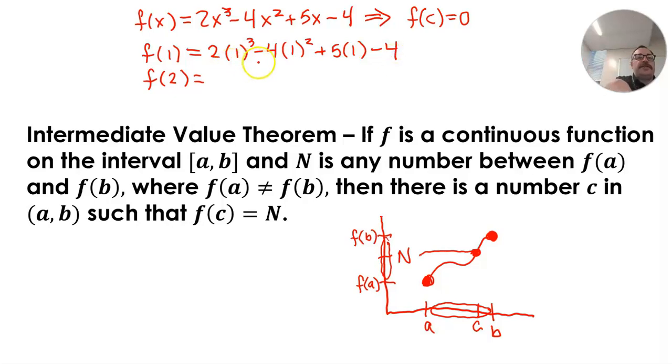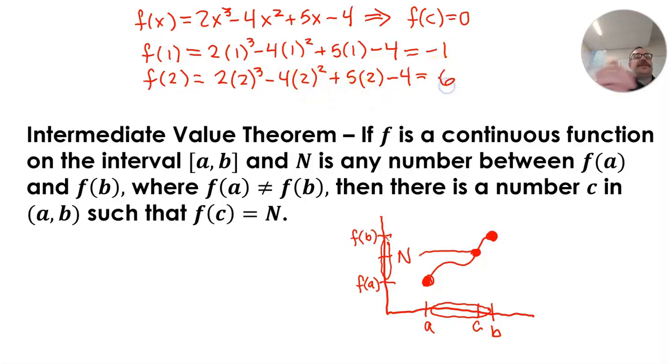So let's see, that would be 2 minus 4 is negative 2, plus 5 is 3, minus 4 is negative 1. And then f of 2, 2 times 2 cubed minus 4 times 2 squared plus 5 times 2 minus 4. All right, 2 cubed is 8, so 16 minus 16, 4 times 4, plus 10 minus 4 puts me at 6.